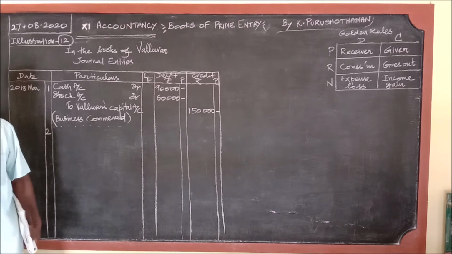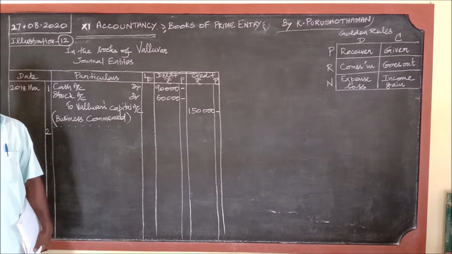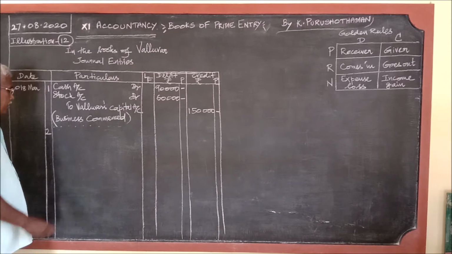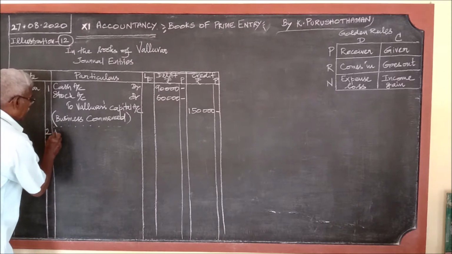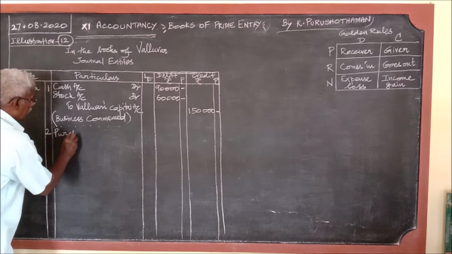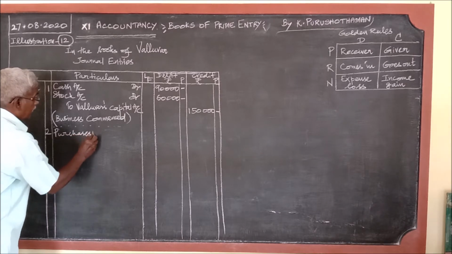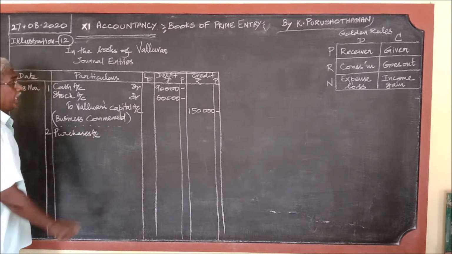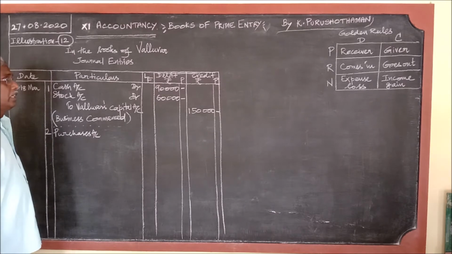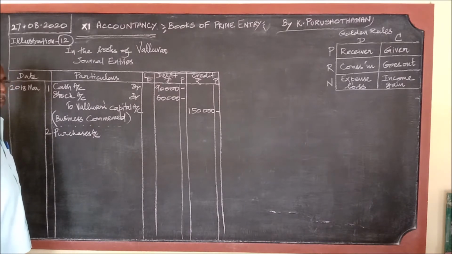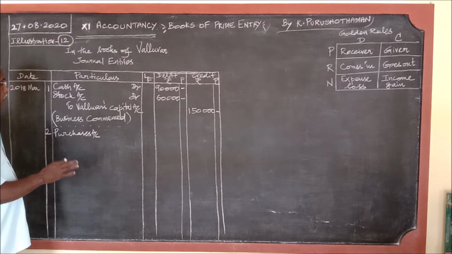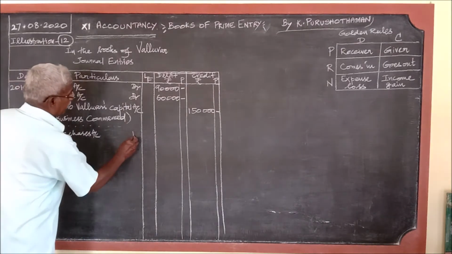So, here all the textile items are goods. Therefore, when textiles are bought, what we should write is purchases account, debit. This is very important. You cannot write the textile account debit or ready-made shirts account debit. No. Here, those items are goods. Therefore, purchases account, debit.